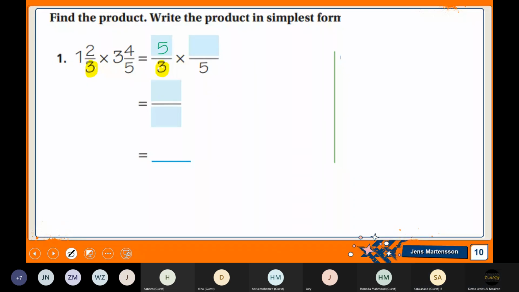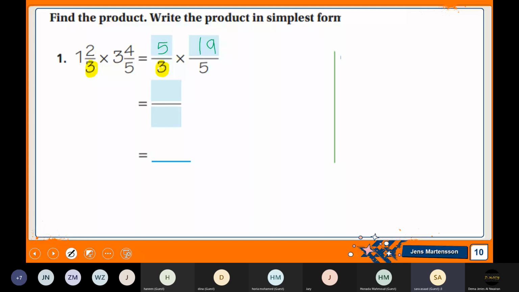The second one. 3 multiply 5 equals 15. Bravo. Plus 4 equals 19. Now then, what is the next step?